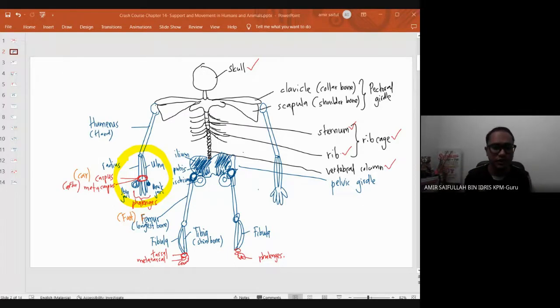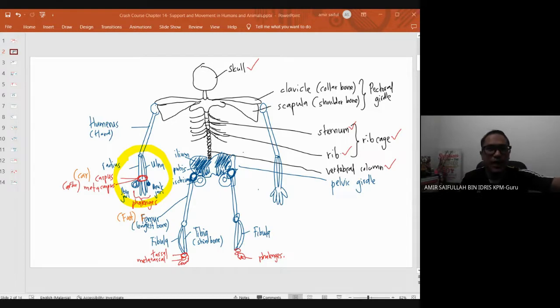Cikgu kenapa semua nama dia sangat pelik punya? Nama-nama ini, vertebrae lah, humerus lah, ini semua nama daripada bahasa Itali, Latin. Kenapa Latin cikgu? Because Latin are the scientists that study all this bone. So they are the first who give the name of this bone. So that's why, although we study in English, we follow the name of the Latin one.